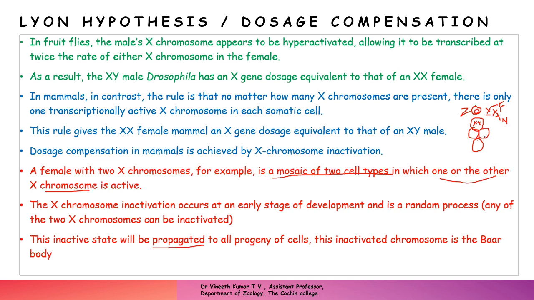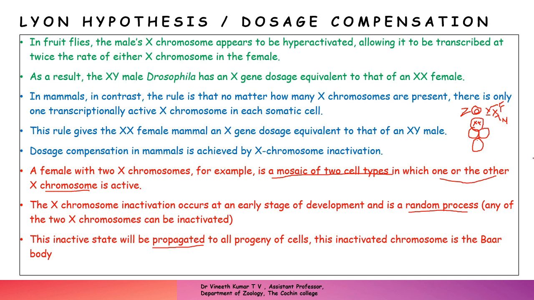What is the deciding factor for which X chromosome in each cell? Every cell is distinct, and this event should happen independently in every cell. This is a random process, random in the sense that it does not depend on the other cell.